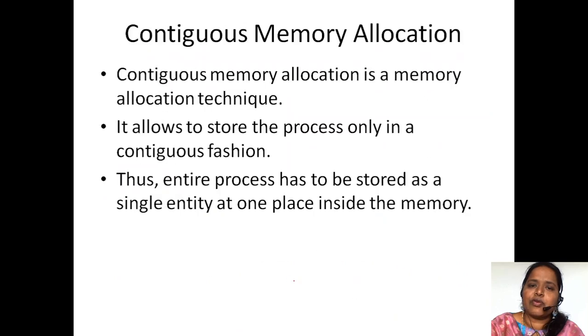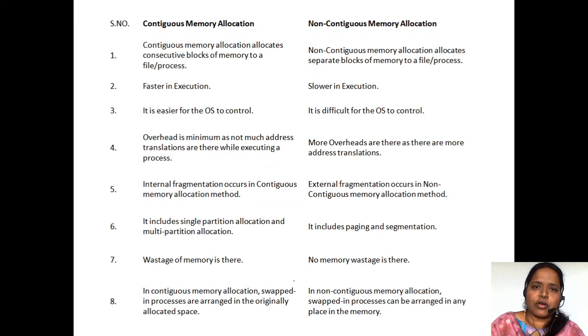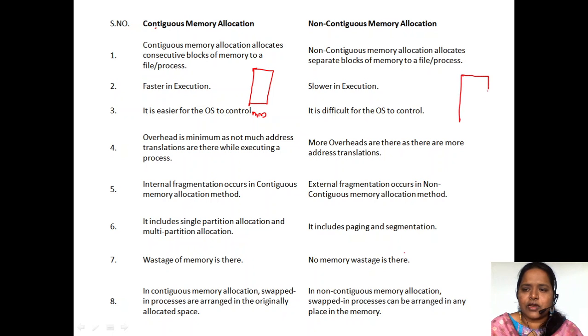Whenever we talk about contiguous and non-contiguous memory allocation, you can find many differences between them. Contiguous memory allocation allocates consecutive blocks of memory. As I have said, this is the main memory, and the memory has been partitioned.